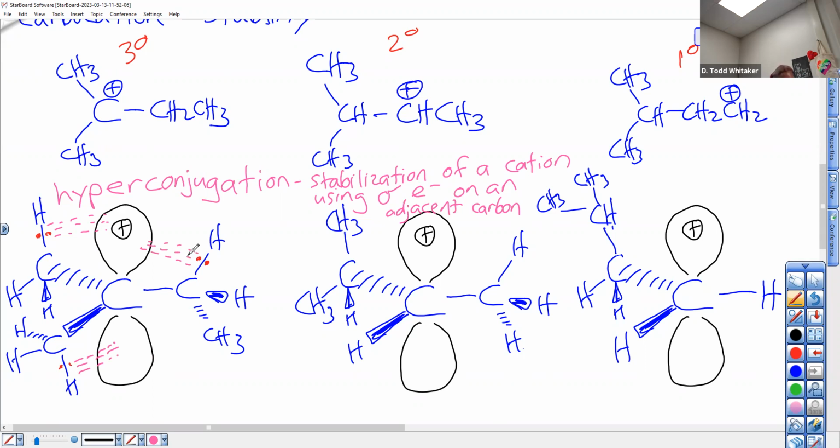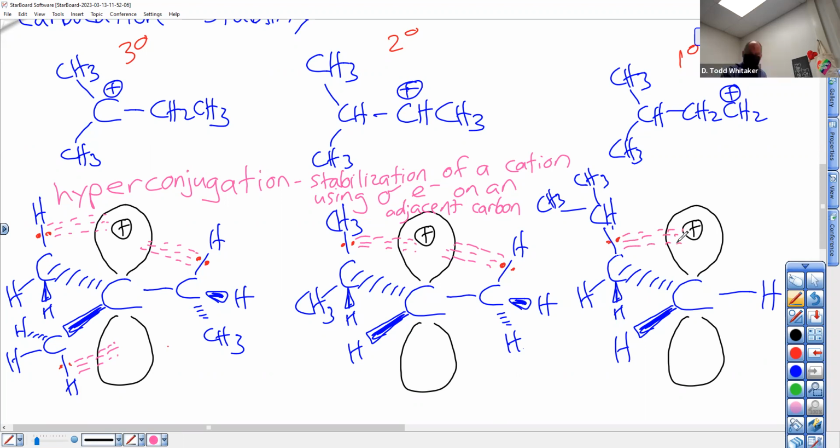The only bonds that can do it on this one are this one and this one. I will remind you about sigma rotation and how this is temporary. And the only one bond here that can help is this one. Each one of those is hyperconjugation.